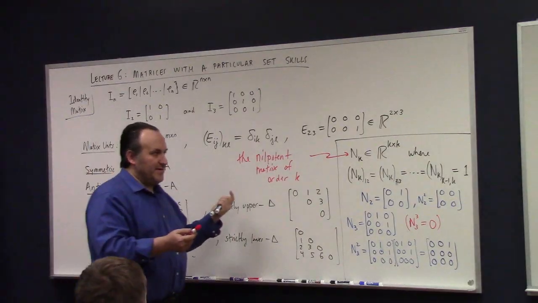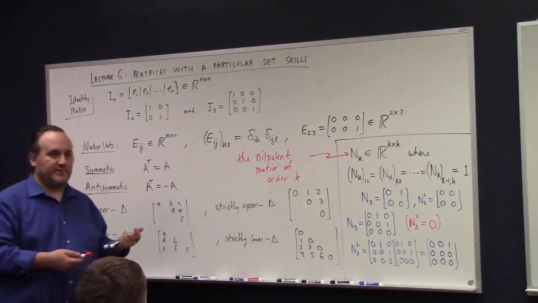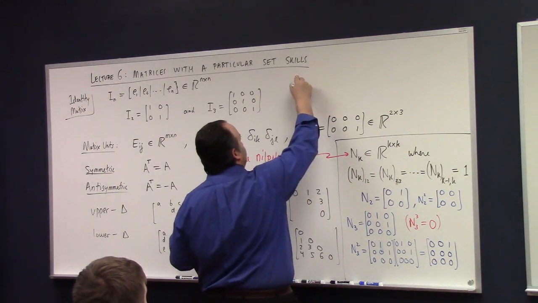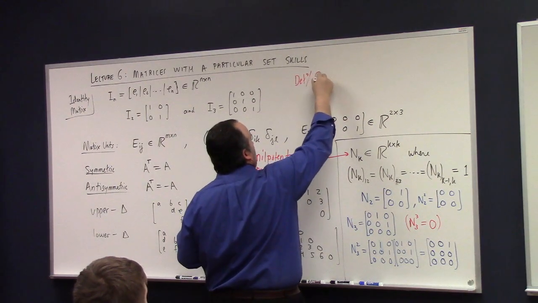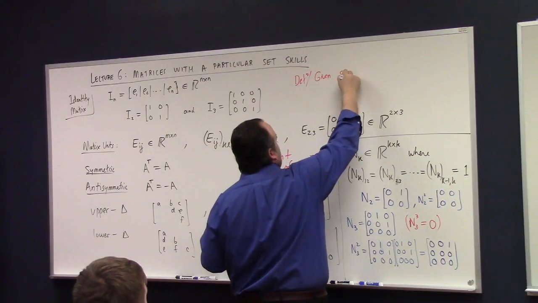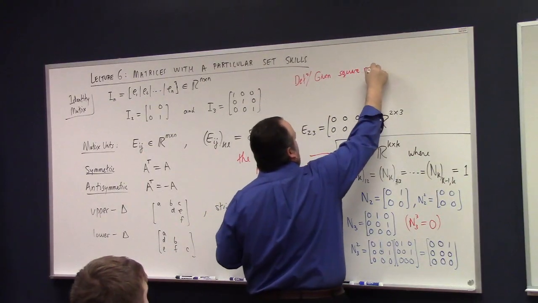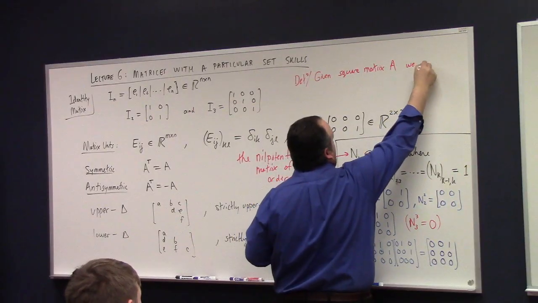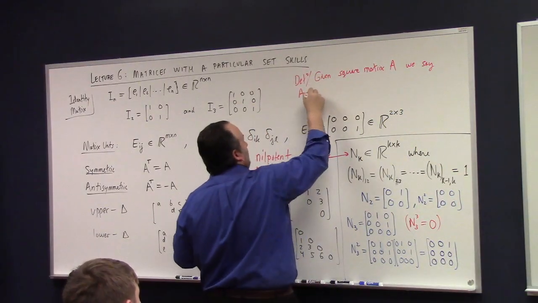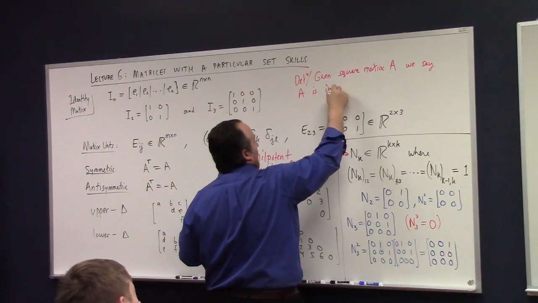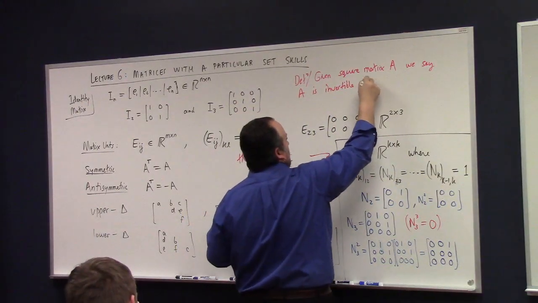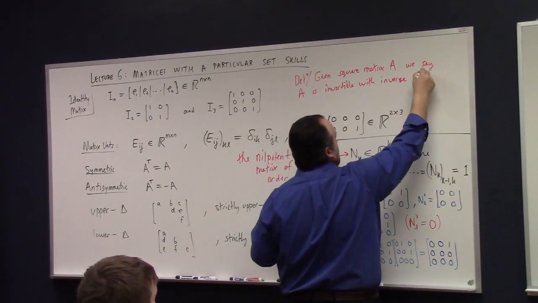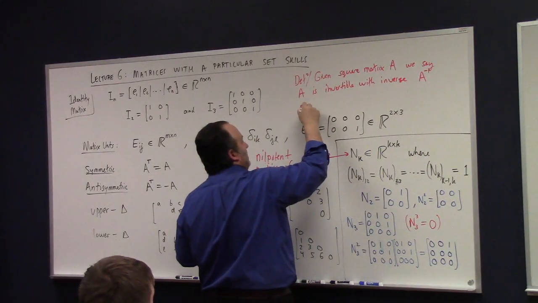There's one other special idea about matrices we talked about, which was what? Remember? We said that given a square matrix A, we say A is invertible with inverse A inverse provided what?